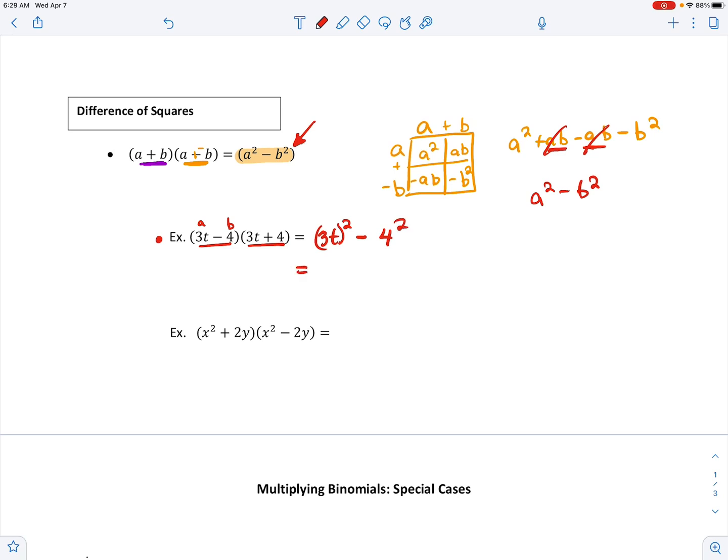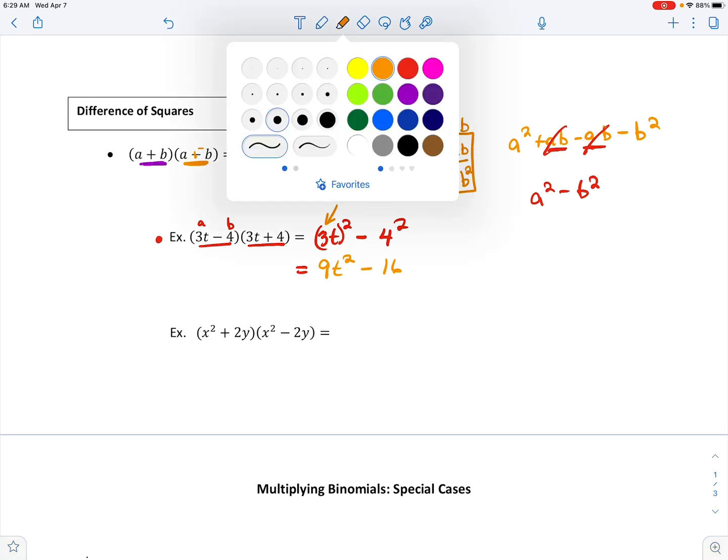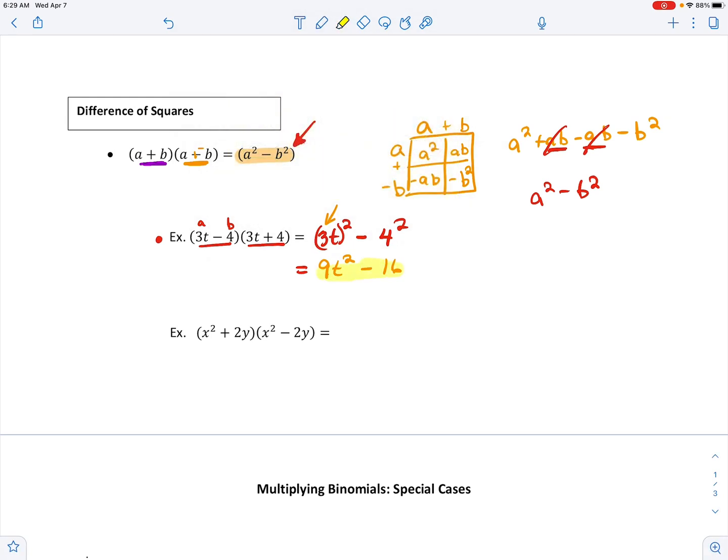Leaving us an answer with, now we have to use our properties of exponents here. We have a product, so we're going to distribute the squared to the t and the 3. 3 squared is 9, t squared is t squared. So we leave it like that. Minus 16. And there's our answer. We're done with this problem.